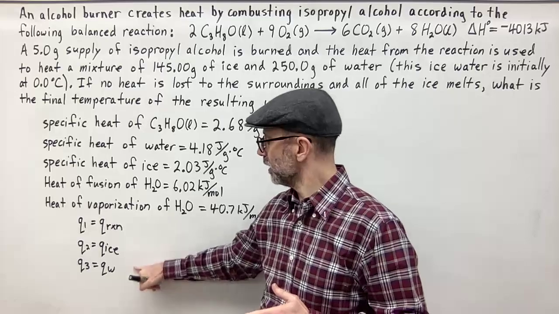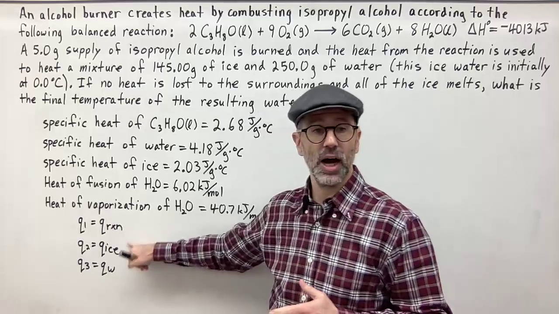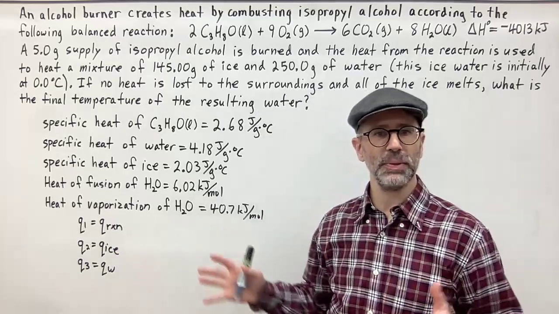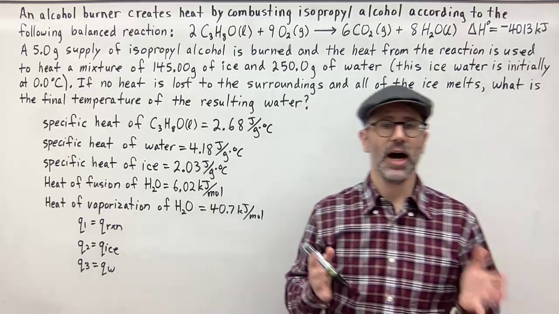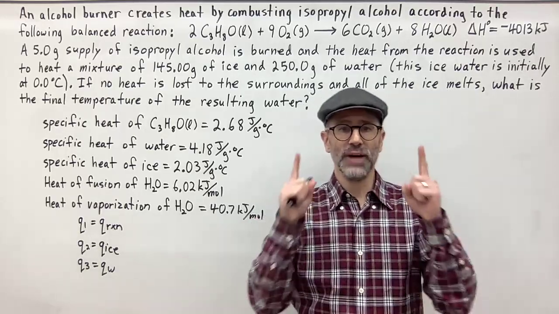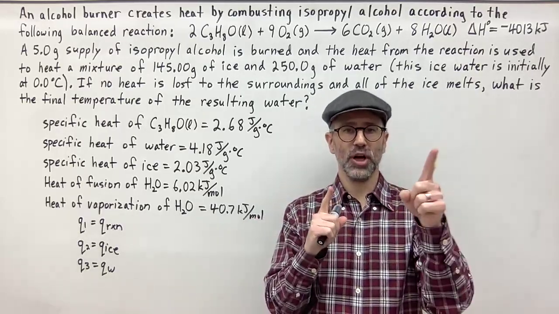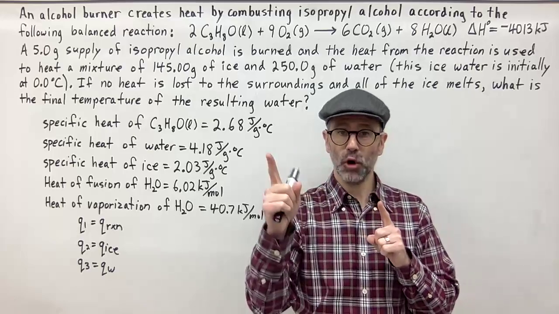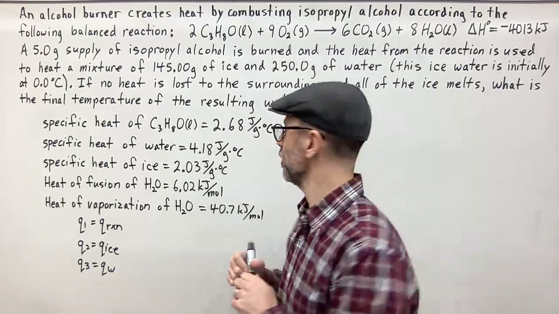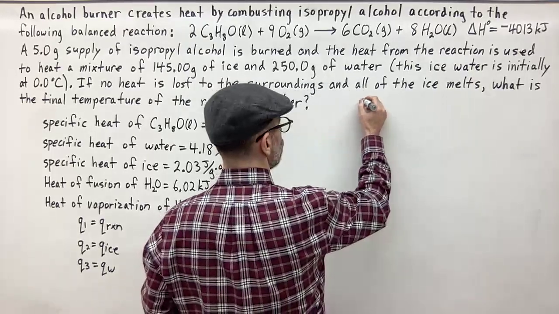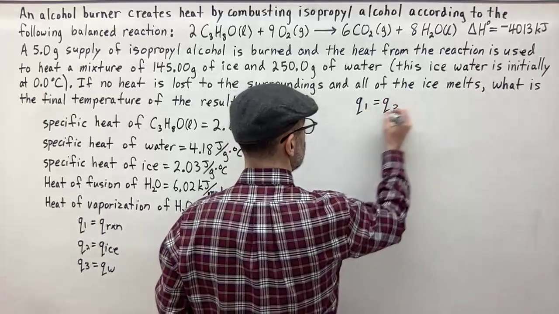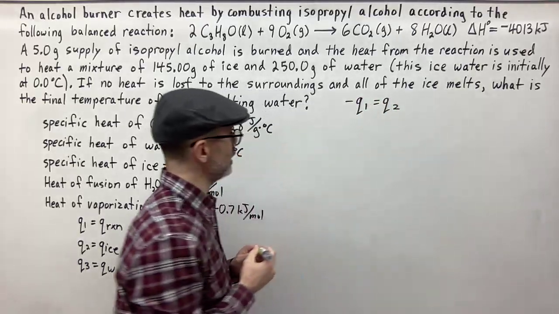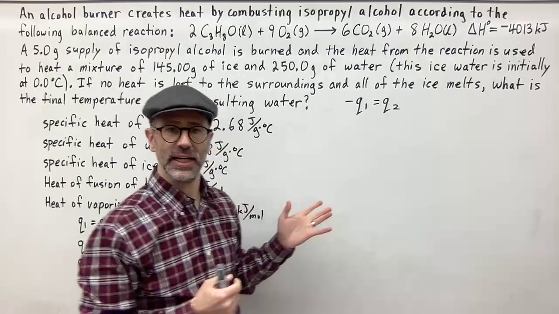Now we need to figure out what the relationship is and set up an equation. Now, normally in your simplest calorimetry problem, you've got two things. One is giving off heat, the other one is absorbing that heat. And so the way you would write it is Q1 is equal to Q2. And if Q1 is the releasing of heat, that would be negative.